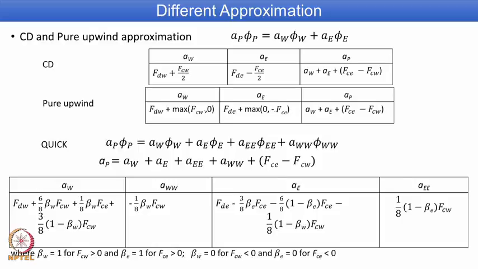Similarly, for beta equal to 0 or FCW less than 0, the flow is from right to left, mostly in the case of reverse flow, then it will take the appropriate value. So, this generic formula is suitable for any direction, similarly for pure upwinding. This helps while writing the code, as it automatically switches based on the flow velocity condition.